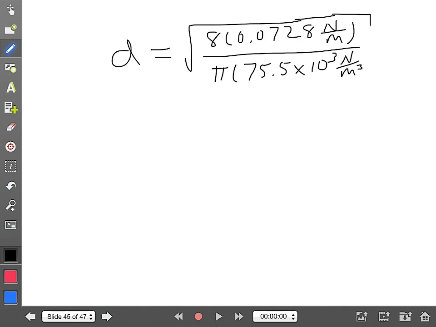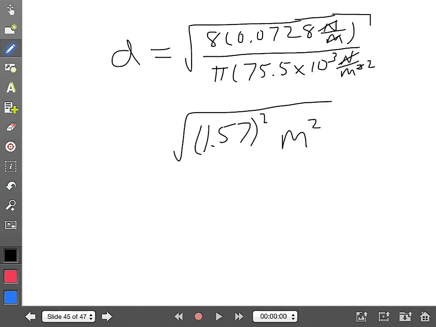So we can see that the units are going to be newtons, and one of these meters cancels one of these. We're left in the numerator with meters squared.